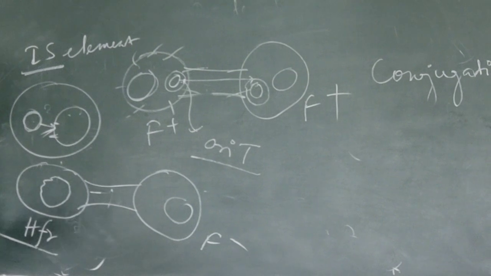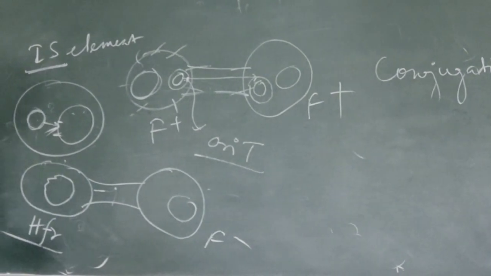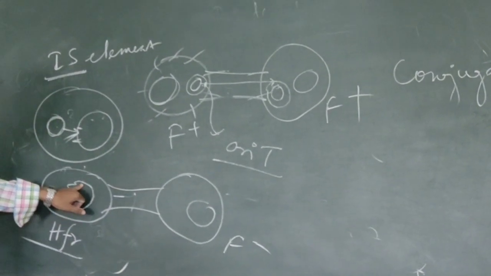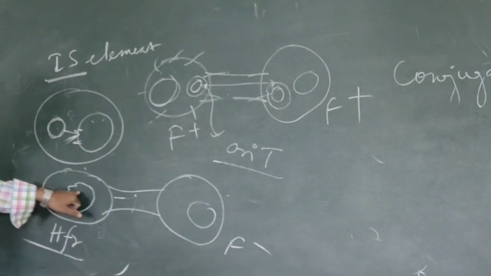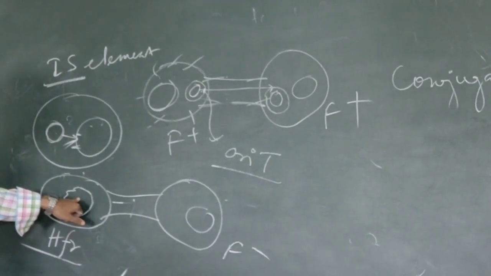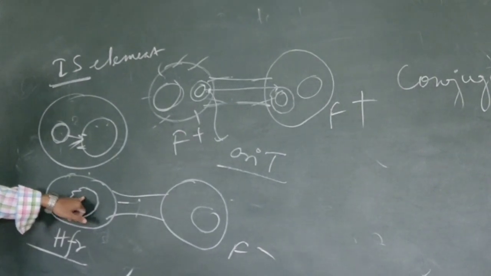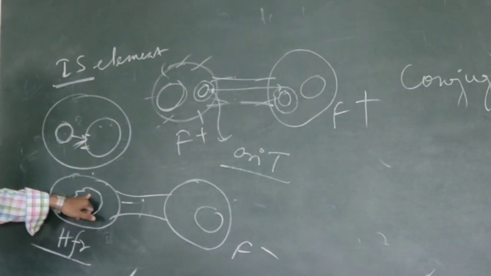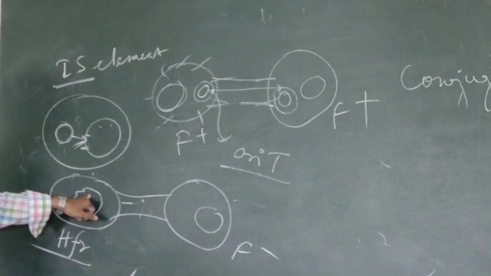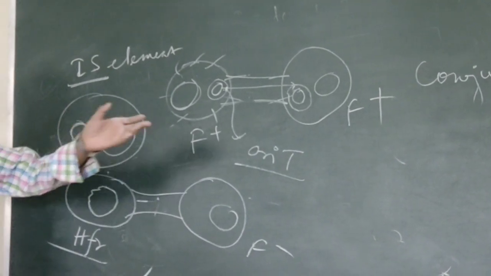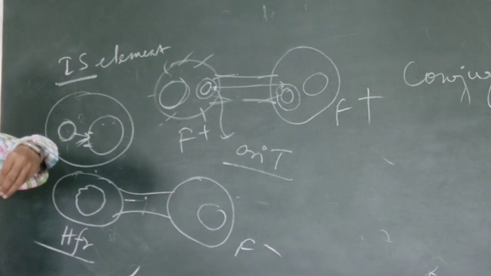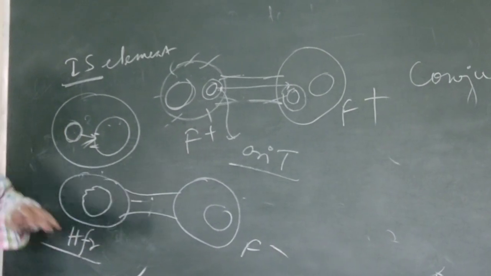So what is needed? What is needed for the plasmid to be inserted into the bacterial cell? What is needed is the origin, which is present in the plasmid, not in the bacterial genome. So transfer will start from the plasmid. Okay. So the origin is not present in the bacterial genome.